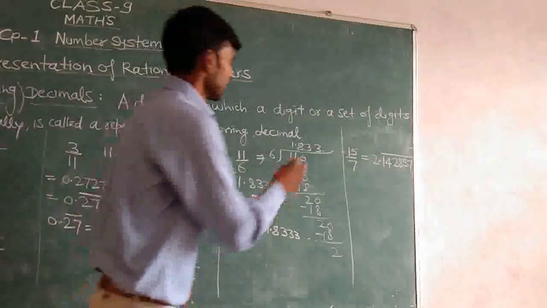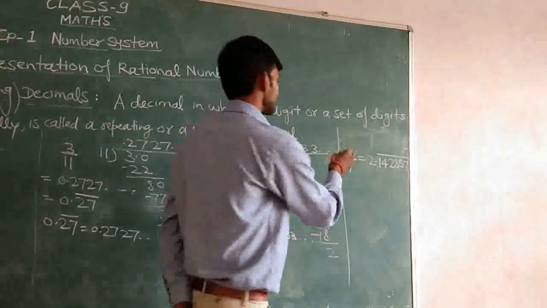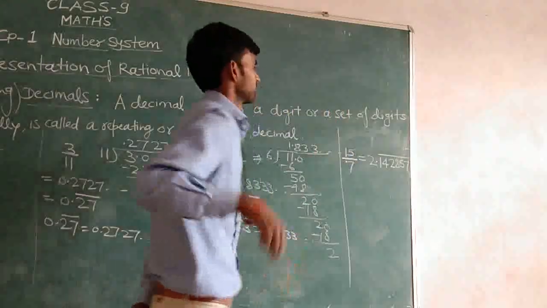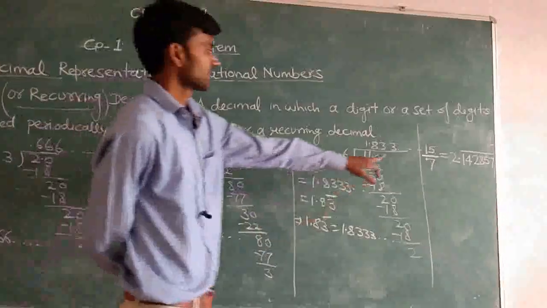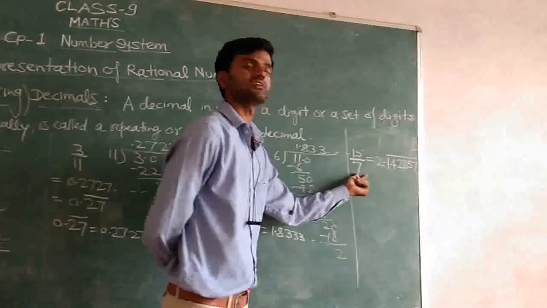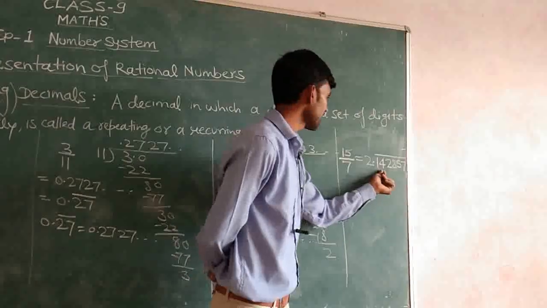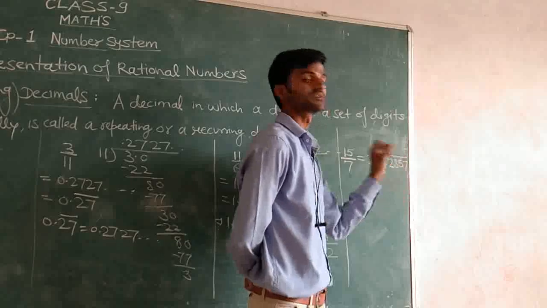So now a question arises: how many repeating digits can we find in any rational number? Look at the divisor or denominator. The denominator is 7 and the number of digits in the repeating block is 1, 2, 3, 4, 5, 6.